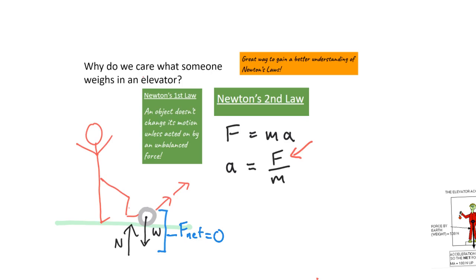If we are going to have acceleration, net force, F net, is not going to be zero. We're talking about a non-zero net force if we have acceleration, and that would be the same thing as an unbalanced force.